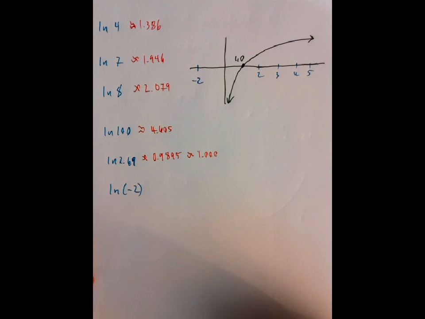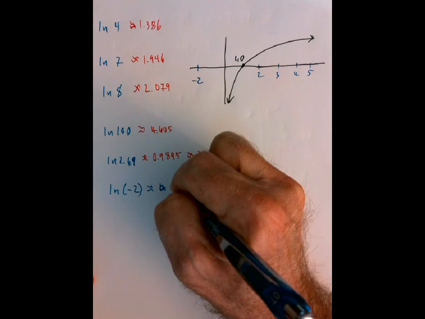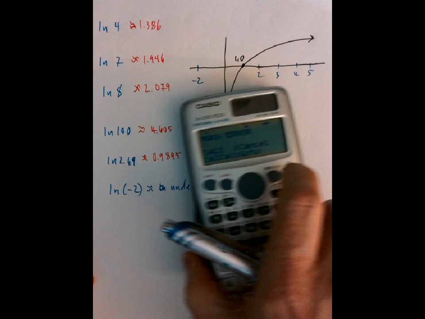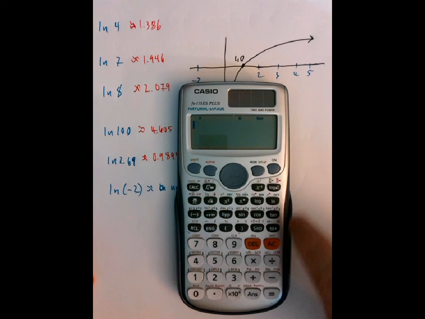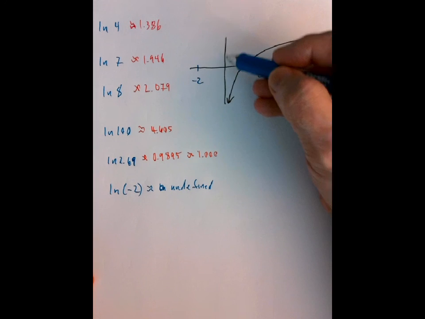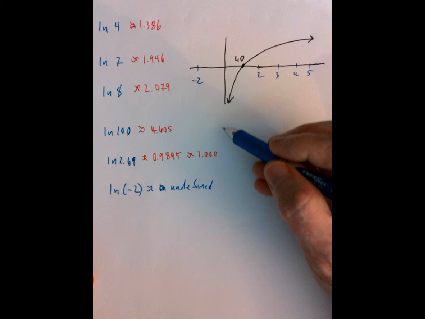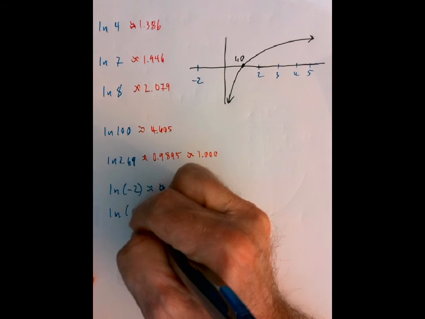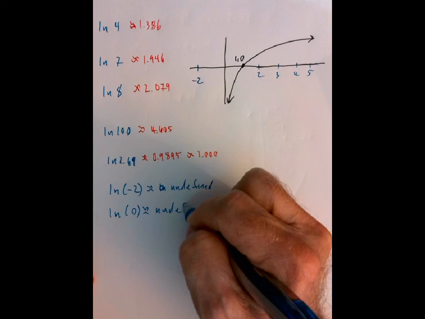It's undefined there. In fact, if you tried even ln 0, also undefined, because as you see, this x equals 0 line was an asymptote, and the log function never crosses over, so even ln 0 is undefined.